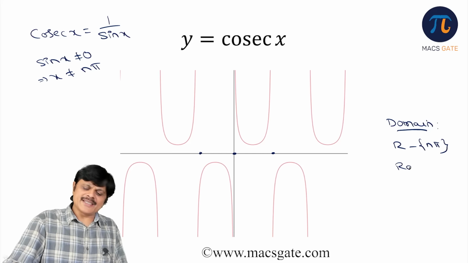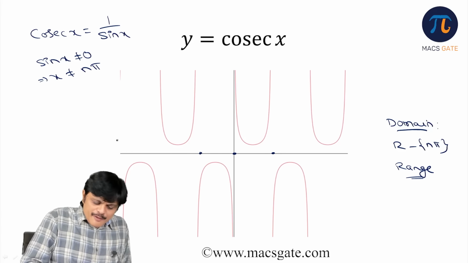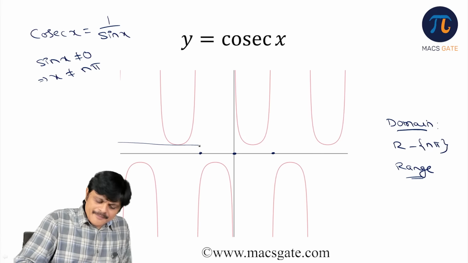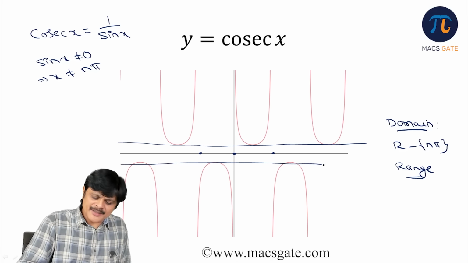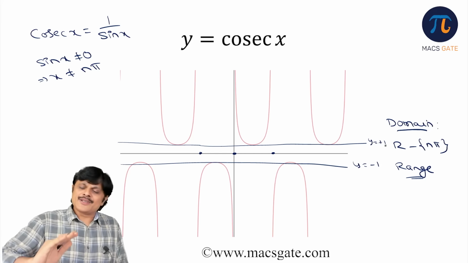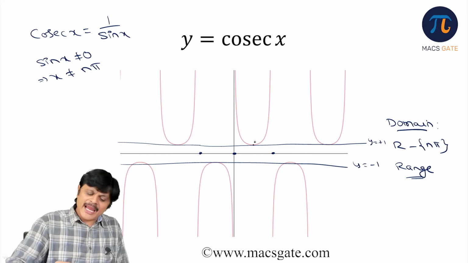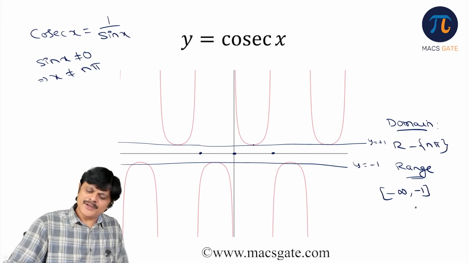Now what is the range? If you draw this particular line and this particular line, this is y equal to minus 1 and y equal to plus 1. So the values are above 1 and below minus 1. So it is actually minus infinity to minus 1, union 1 to infinity.